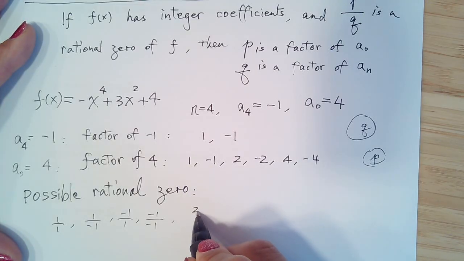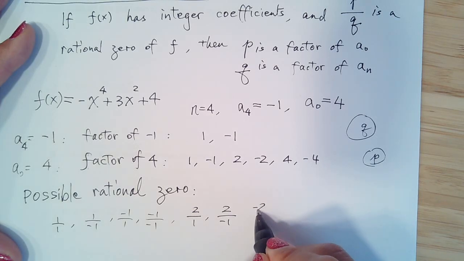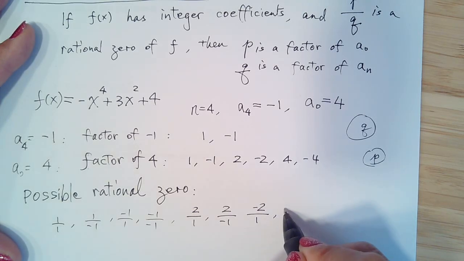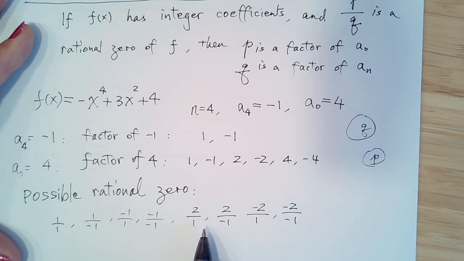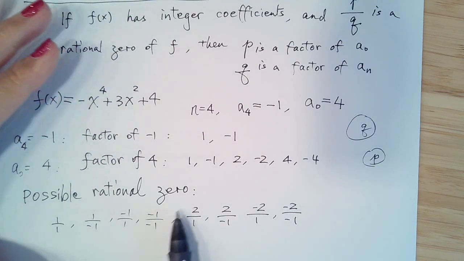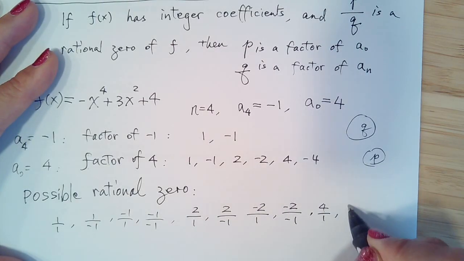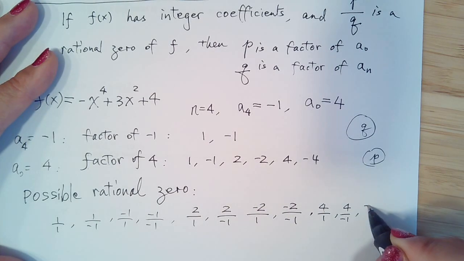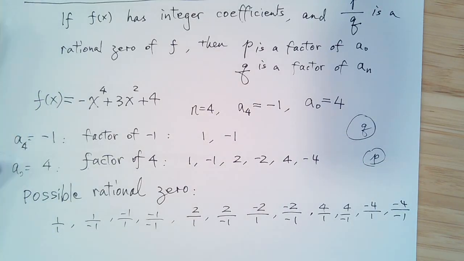I will have 2 over 1 and 2 over -1, -2 over 1 and -2 over -1. If I just list all of them, I get 4 over 1, 4 over -1, -4 over 1, and -4 over -1. If I list all the combinations, it's going to look like this, right?